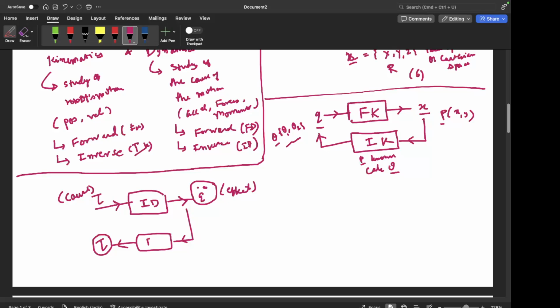My bad. This is the forward dynamics problem. Right. In inverse dynamics, we know the accelerations, and we calculate the required forces. And in forward dynamics, we know the cause, we know the torques, and we calculate the outcome or the effect of those torques, that are the joint accelerations.